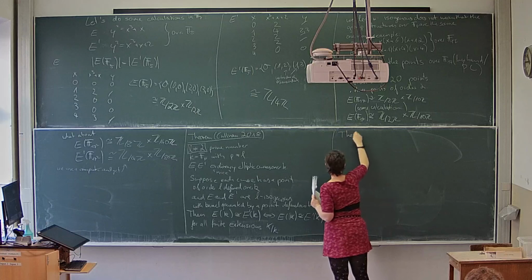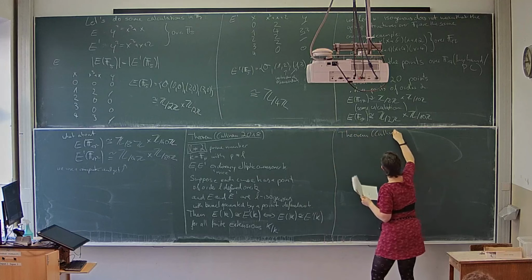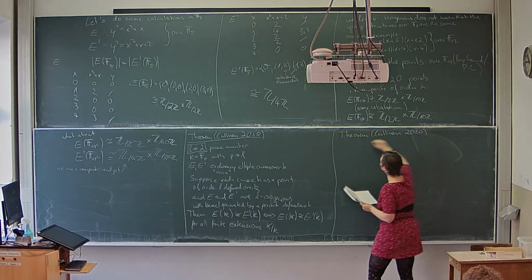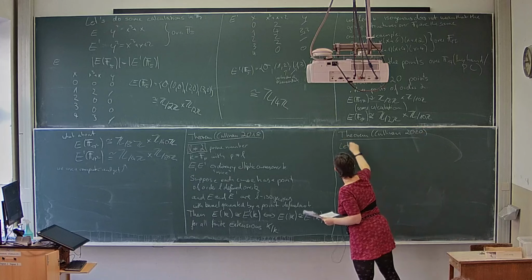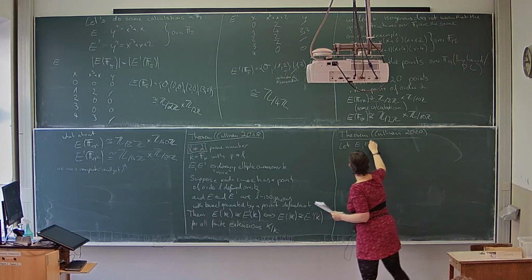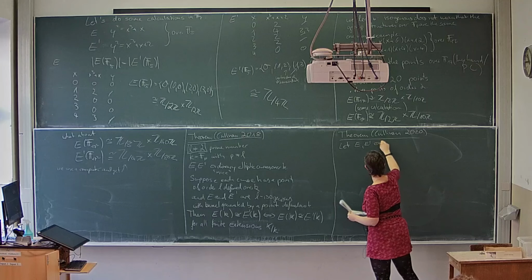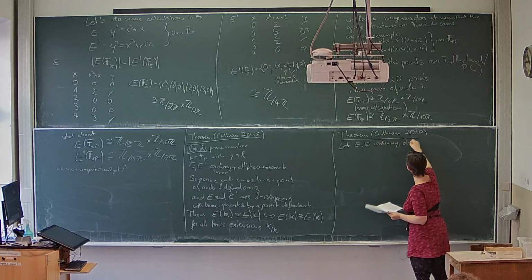The same for the next thing. It's the same person 2 years later. Again, we have two ordinary elliptic curves, but now 2-isogenous.